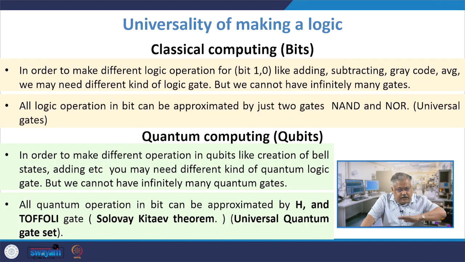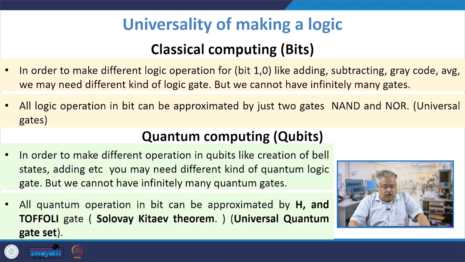So, doing all these basic algorithmic steps, if we want to make all the logic available to us, for example with bit 0 and bit 1, for adding, for subtracting, designing a Gray code, etc., we may require different types of gates, but not an infinitely large number of gates. Typically, as you all know, in classical computing you can use NAND and NOR gates as universal gates.